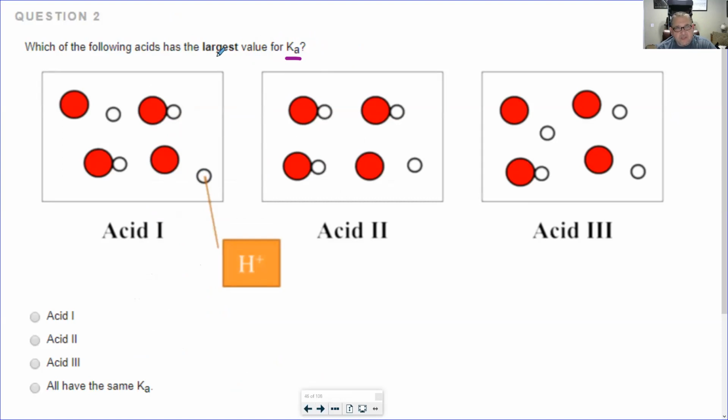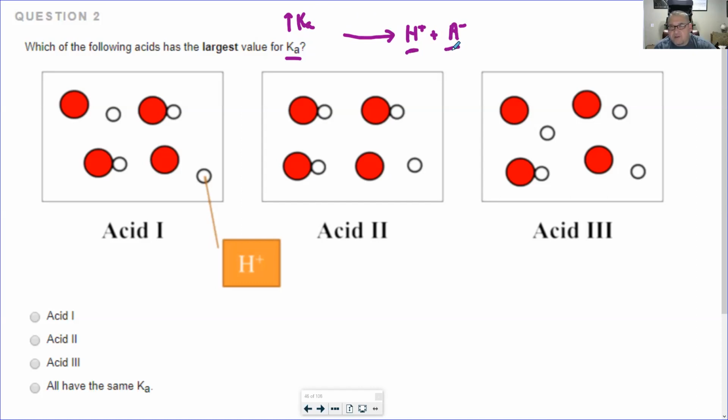The larger the value of Ka, the more the equilibrium for the dissociation lies in the forward direction. So I would expect to see more of the proton and the conjugate base of that weak acid in the system, the larger the value for Ka. So a larger Ka yields more of these as products.